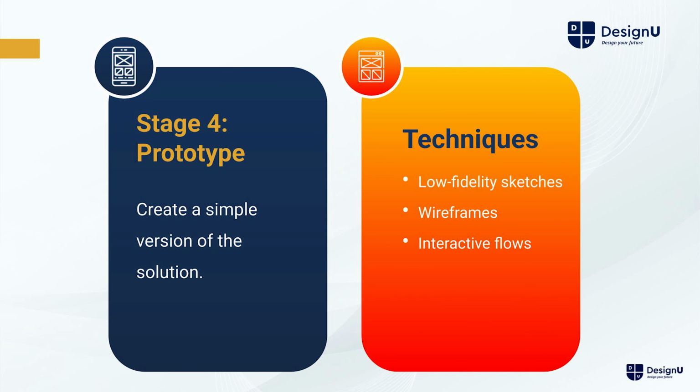Then the next step is to prototype. Prototyping is creating a sample version, a simple sample version of the solution. So what techniques do we use to prototype? Low fidelity sketches, wireframes, and interactive flows. So after you are done with all these steps, you come to the last step, which is to test.